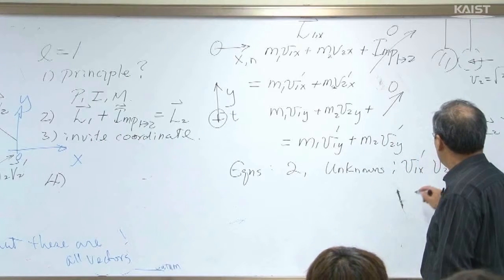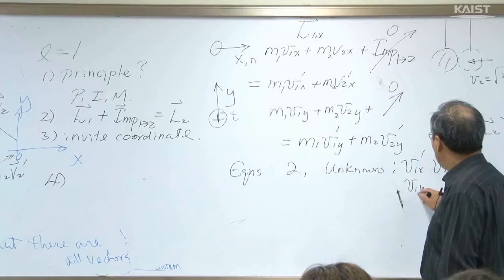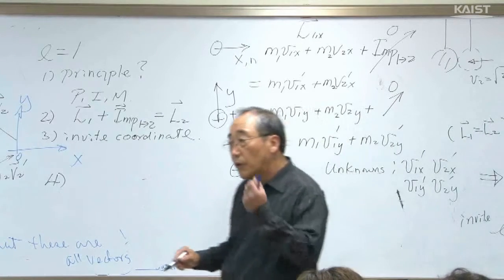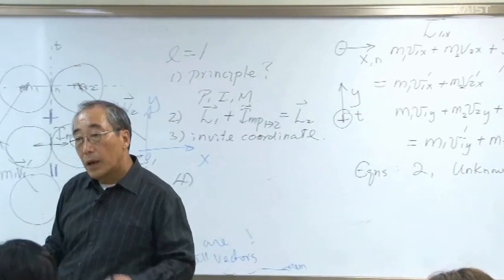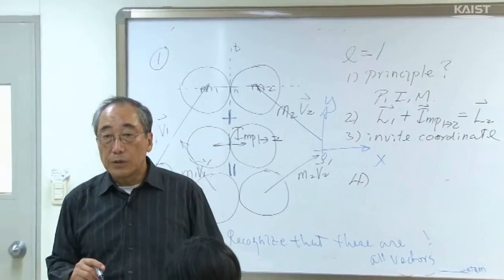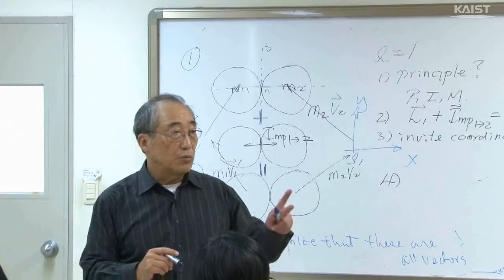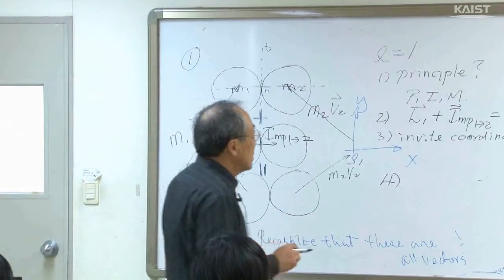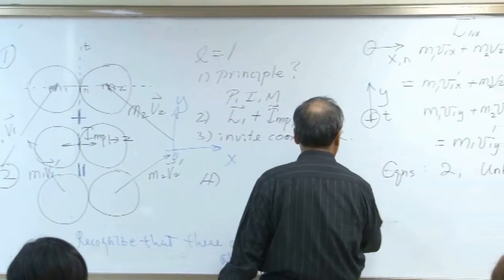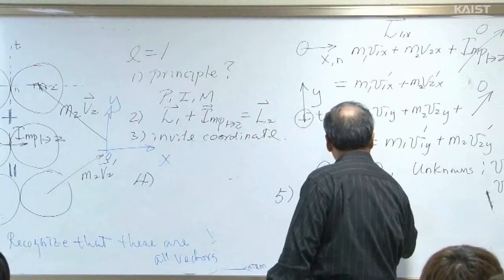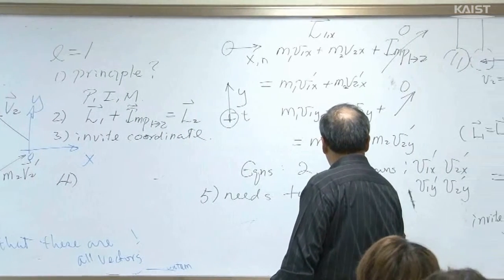V1x prime, V2x prime, V1y prime, V2y prime. Sorry. We have 4 unknowns, right? We have 2 equations, so it's terrible. We need 2 more constraints, 2 more equations.